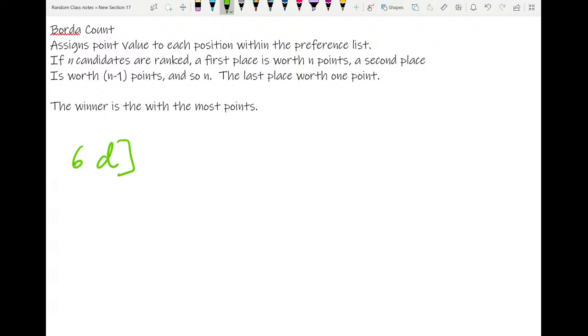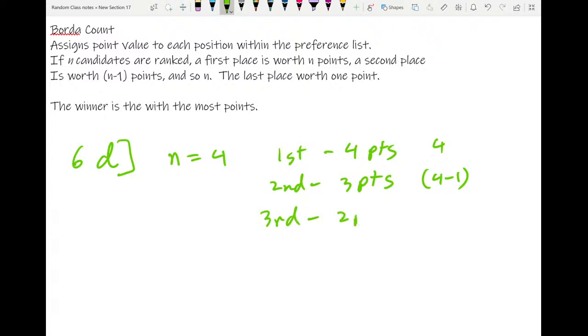So let's look at it. How many candidates are there? There are 4 candidates. And then first place will get 4 points. Second place will get 3 points, which is 4 minus 1. Third place will get 2 points, which is 4 minus 2, and then so on.